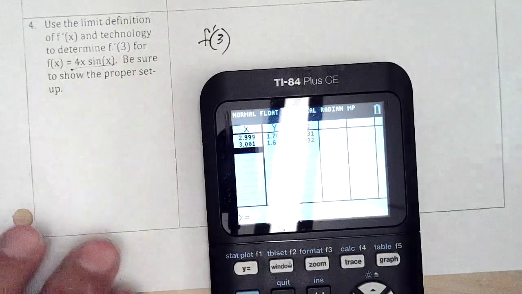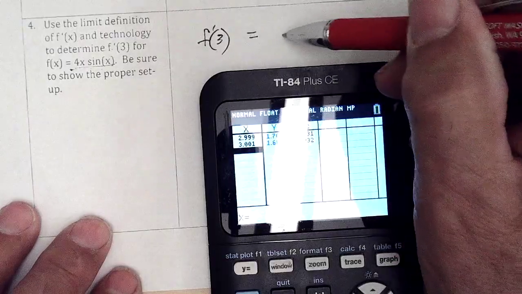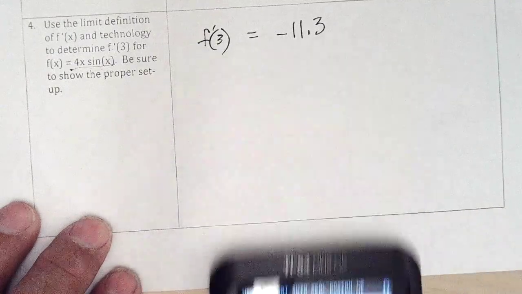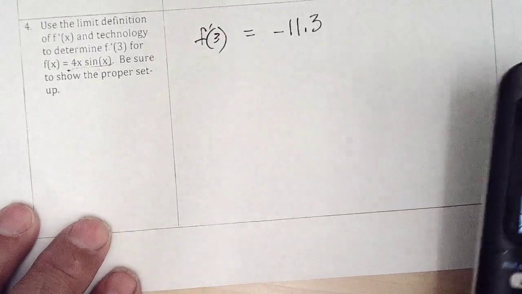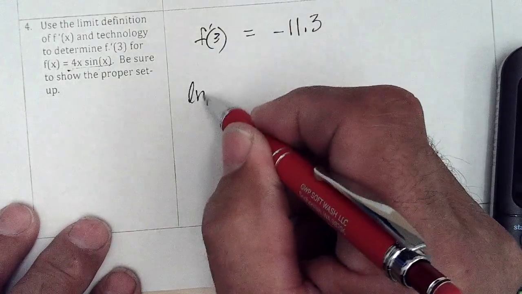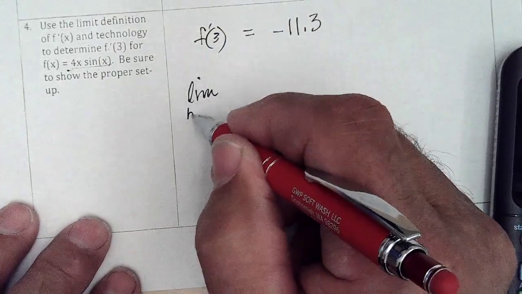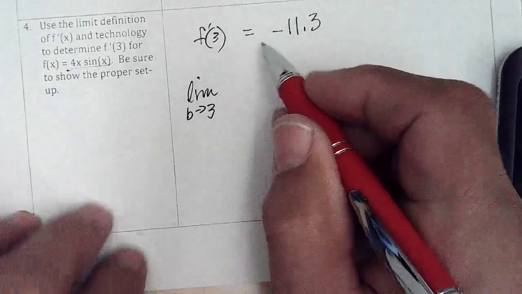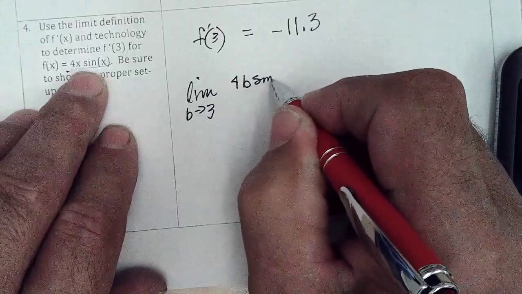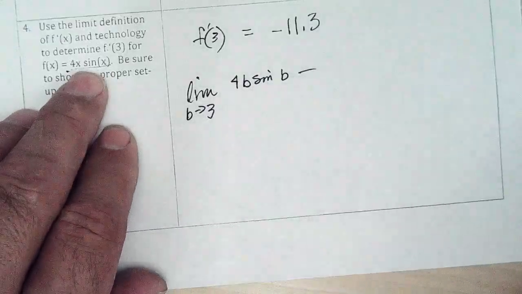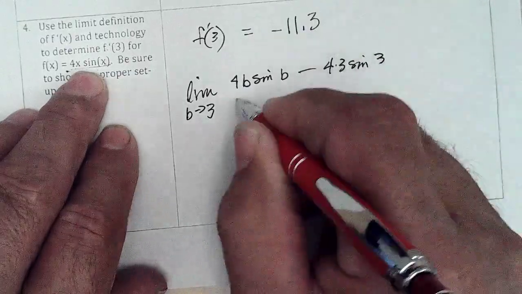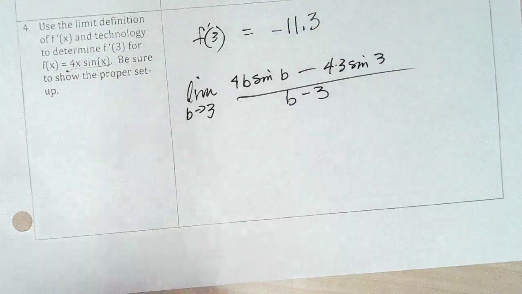So it looks like it's about negative 11.3. And I did the limit as b approaches 3 of 4b sine b minus 4 times 3 sine of 3, over b minus 3.